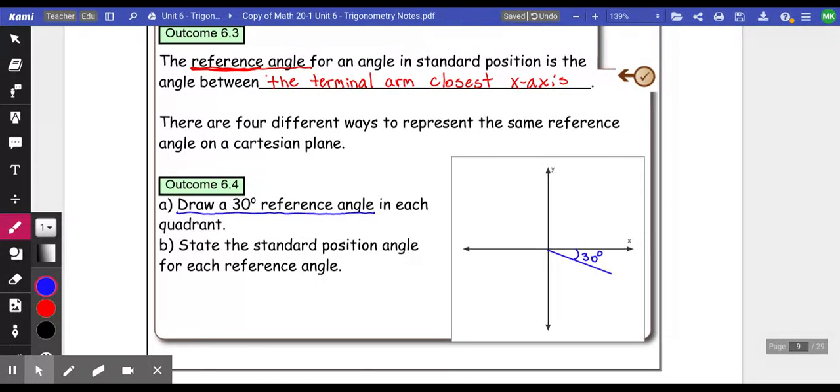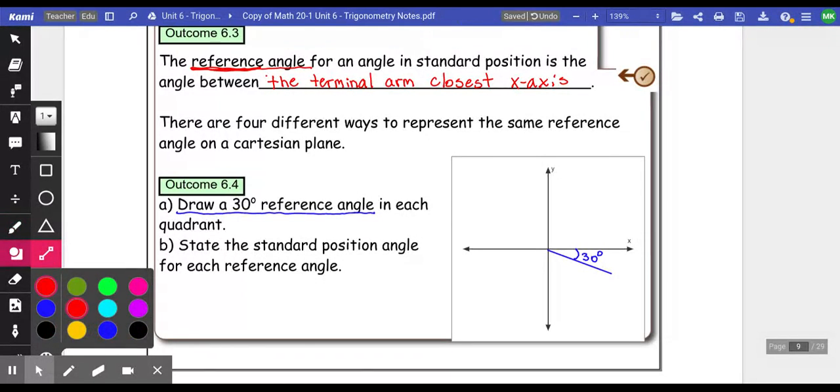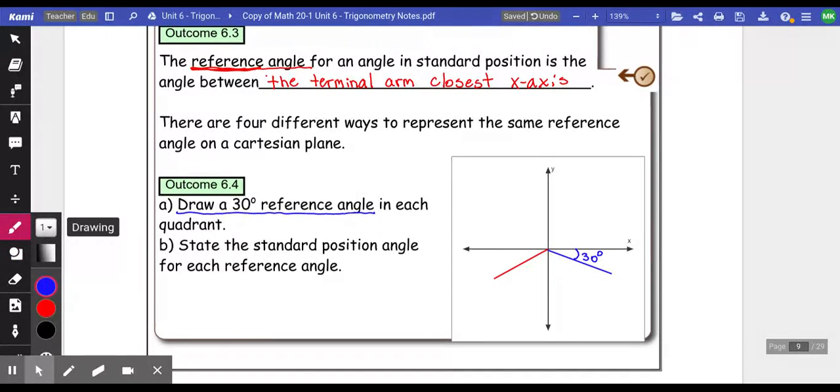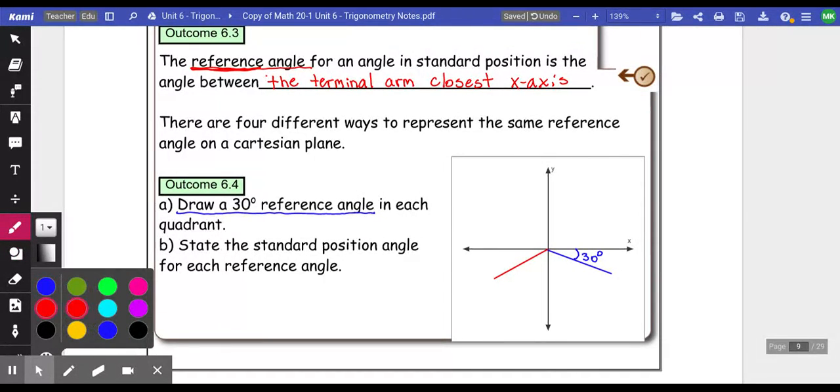But that's not the only reference angle of 30 degrees. I could also do a reference angle of 30 degrees over here, like that.